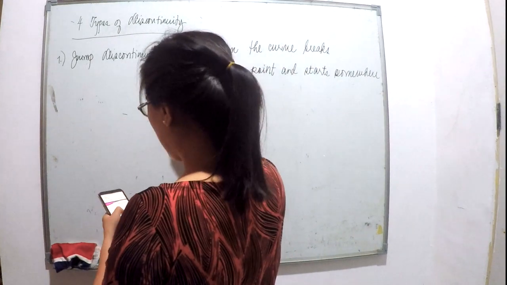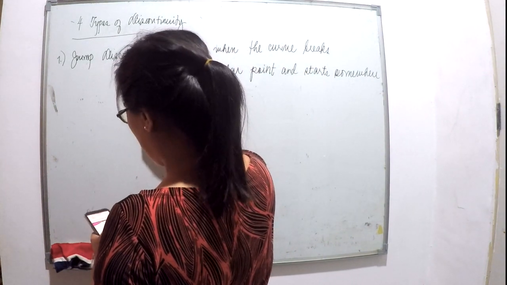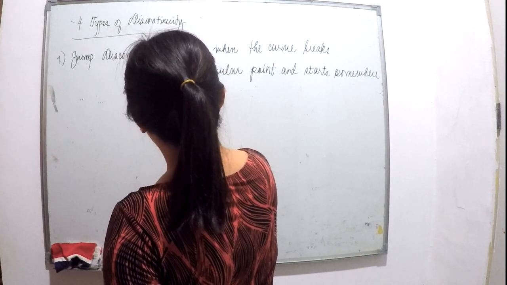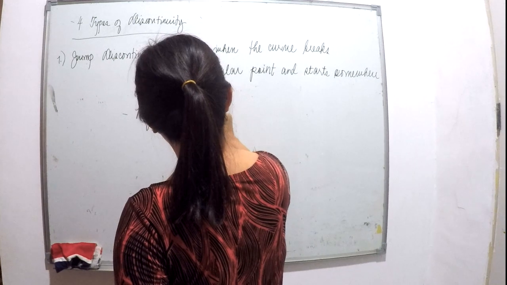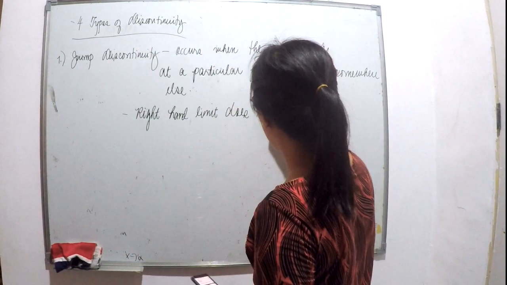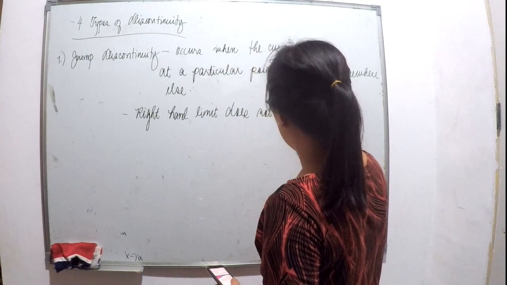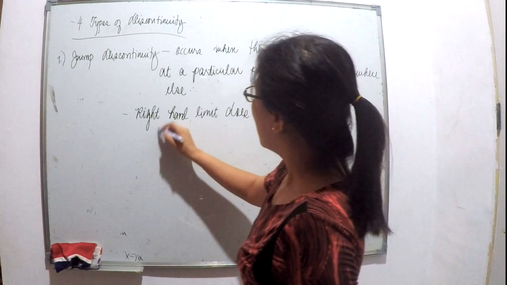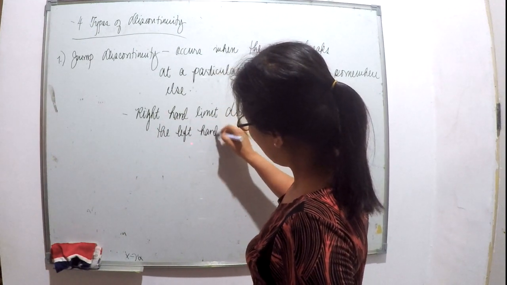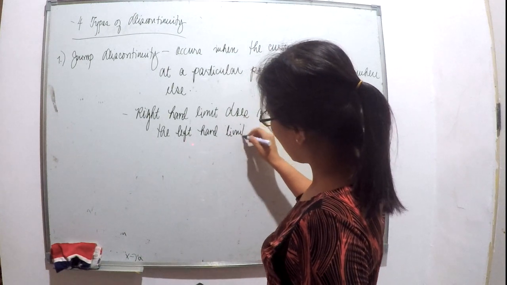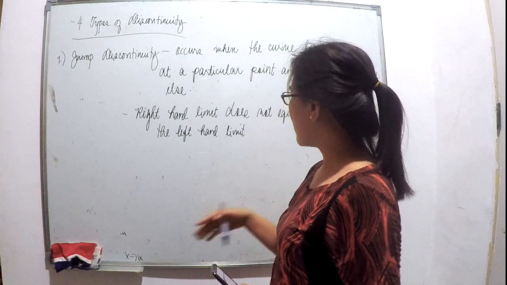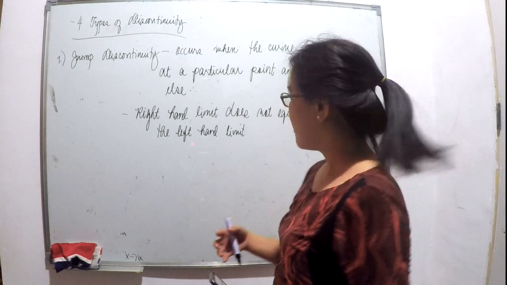The right-hand limit does not equal the left-hand limit. Okay? It is a jump discontinuity if the right-hand limit does not equal the left-hand limit.